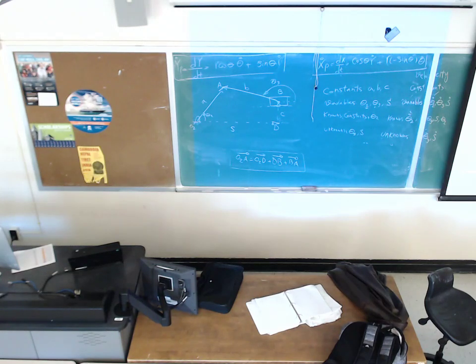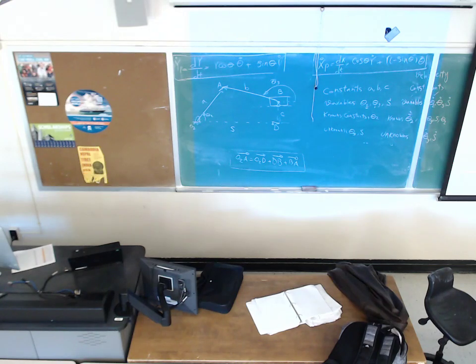Right side, S. S is the location of the slider, it's varying with time, so I'm going to have S dot, or how fast S is varying with time. Derivative of this term with respect to time: B is not changing with time, I'll leave it there.